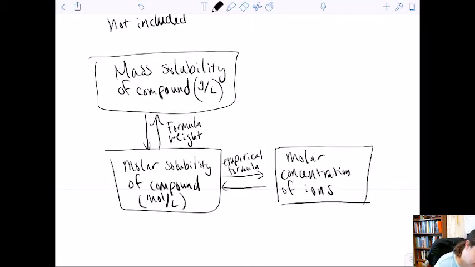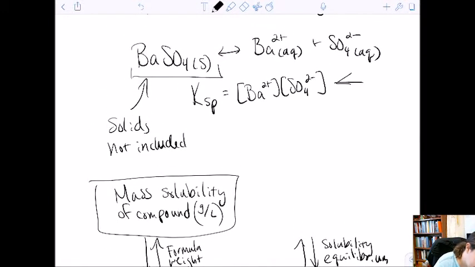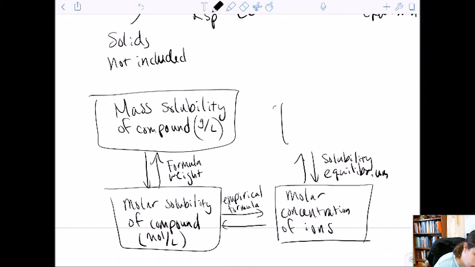And then, using our solubility equilibrium, this right here, we can determine our KSP.